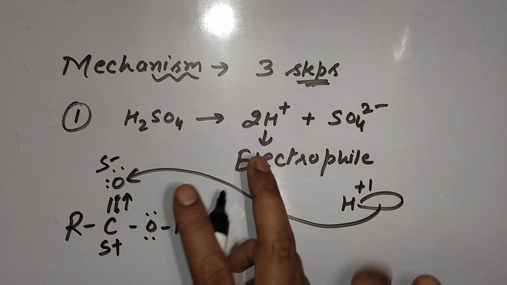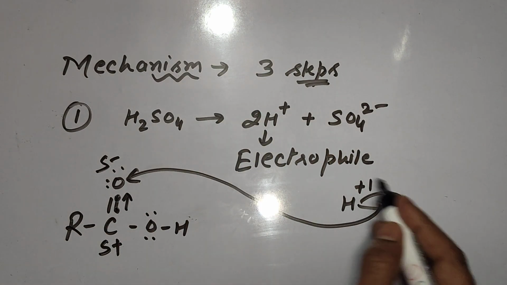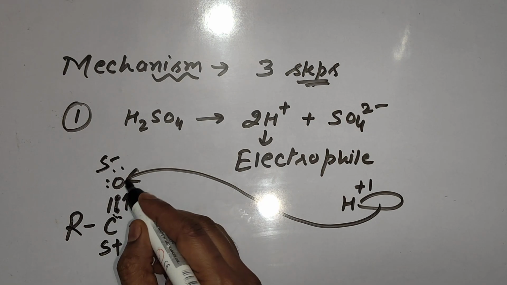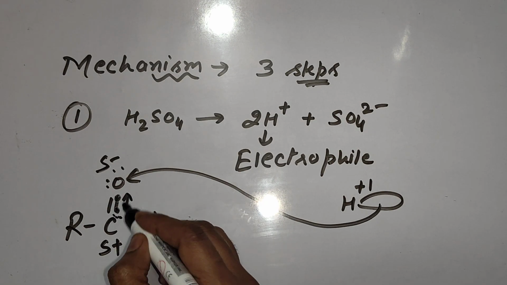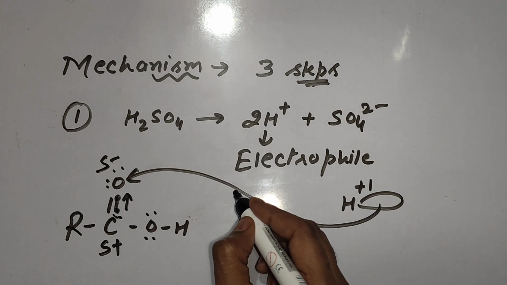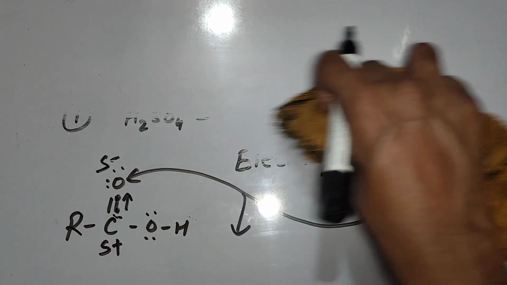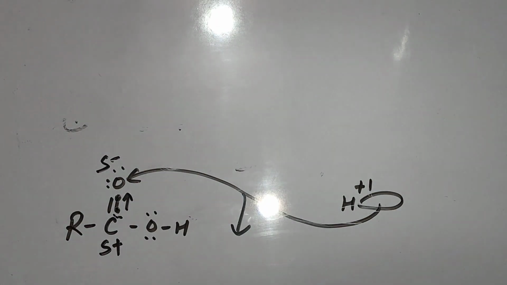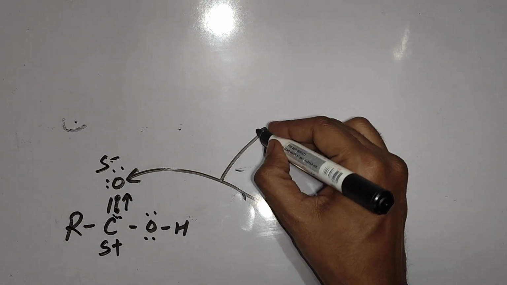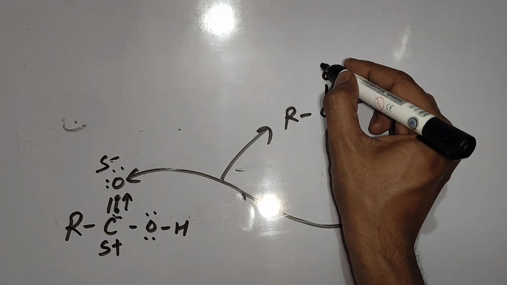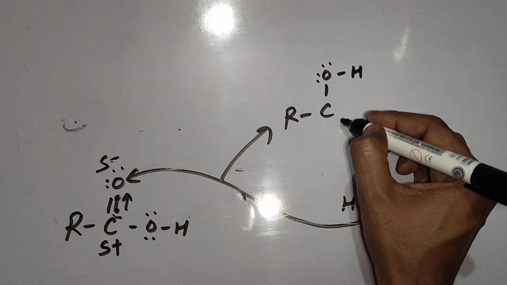For bond formation, we require 2 electrons. Hydrogen does not have electron. So this oxygen will bring both pi electrons toward itself and it will use them to make a bond with hydrogen. In this condition, a new molecule will generate. Let's write it here. Pi electrons will shift. On oxygen, hydrogen will attack and bond will generate.